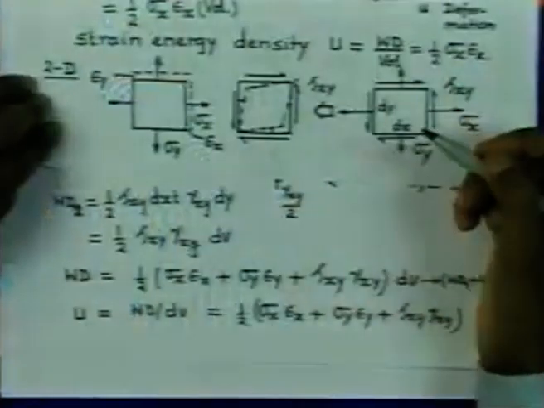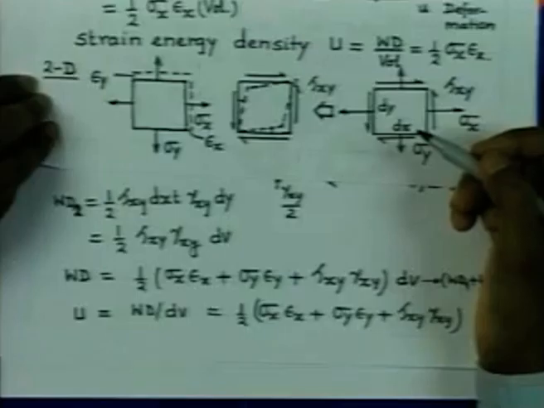So, that is the form of the strain energy density in 2 dimensions. I would like you to reflect upon, if the problem is a plane strain problem, then in that case we are going to have some stress acting in the z direction as well.